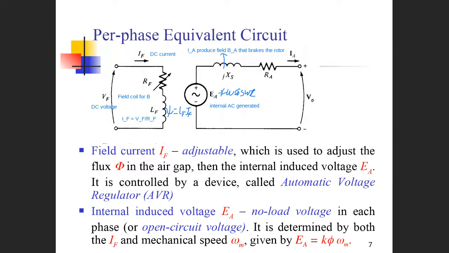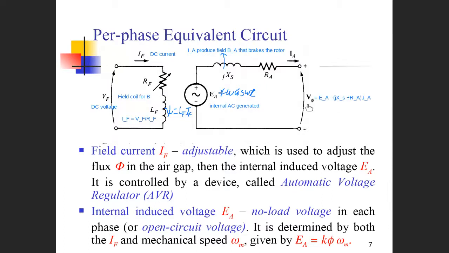The voltage drop will be jX synchronous plus the armature resistance, times the armature current.